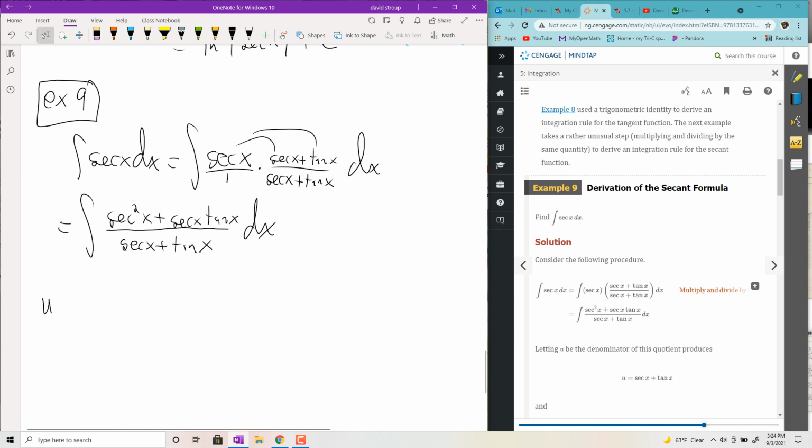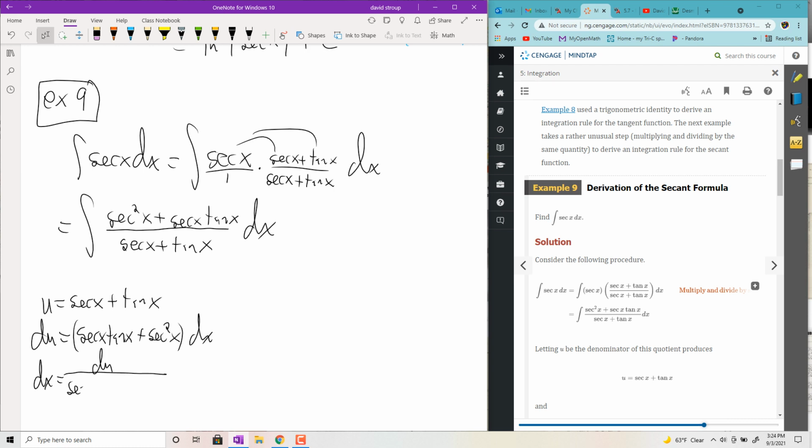Okay, so you're going to let u be secant x plus tan x, and then du, the derivative of secant is secant x tan x. The derivative of tan is secant squared x, dx. And then you could solve out for dx as du all over secant x tan x plus secant squared x. Okay. Just go ahead and do your sub then.